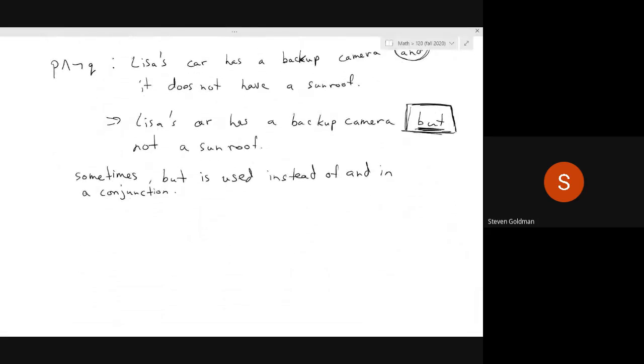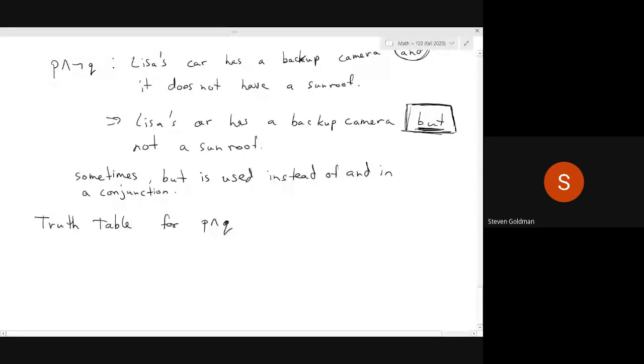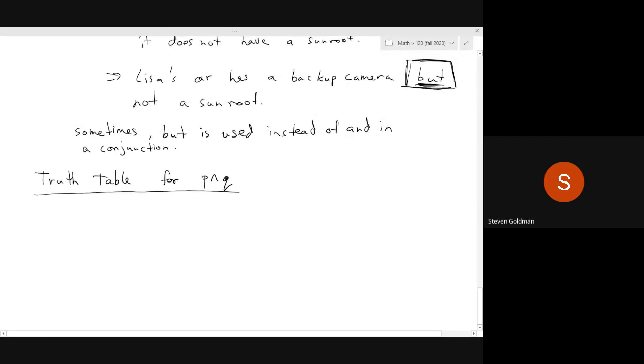Okay. All right, so let's also now write out the truth table for the conjunction P and Q. Again, the truth table just is a way to visualize the different possible truth values for a proposition. So anytime I make a truth table, I'm always going to start with my variables.